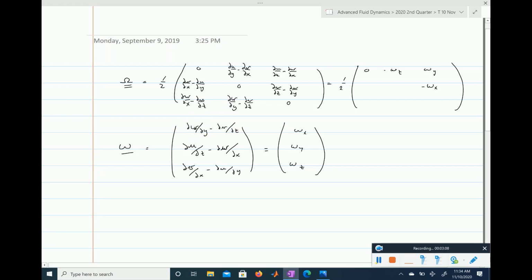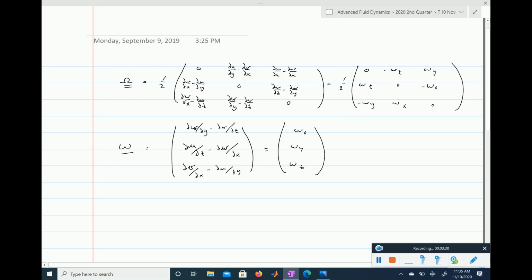We have zeros on the diagonal, and this tensor is antisymmetric. So here you see that the components of the vorticity tensor are the components of the vorticity vector that we have just discussed, which is the curl of the velocity field.